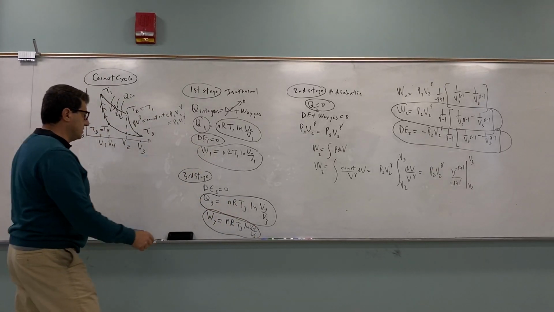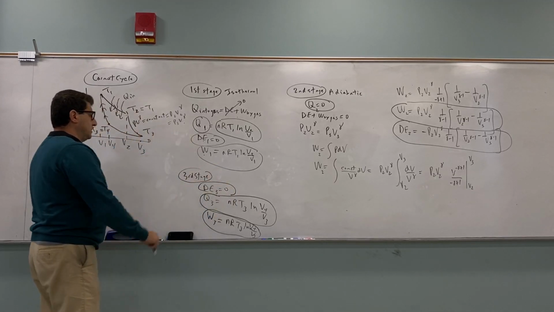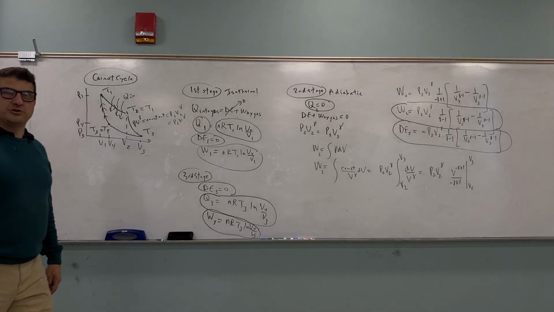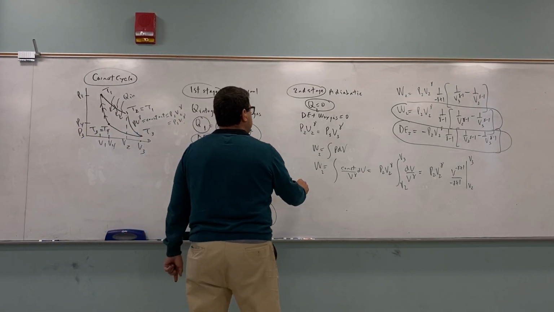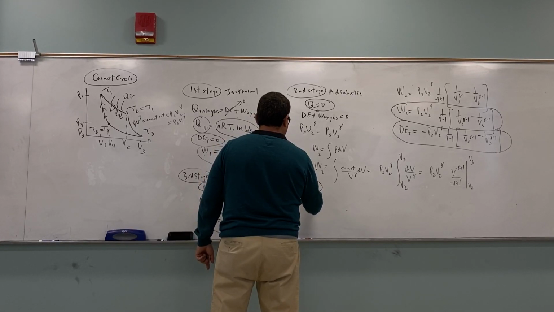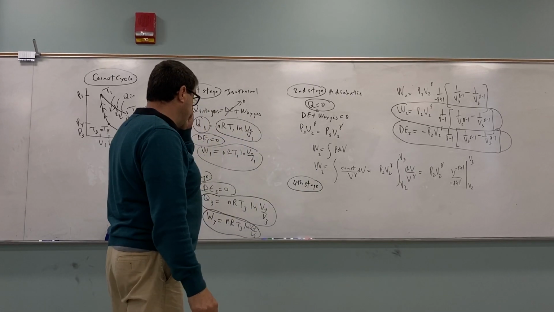So delta E3. And then the fourth stage is going to resemble the second. So some of this you can kind of do by guessing, you don't have to redo it from the beginning, right? The fourth stage is going to be what?